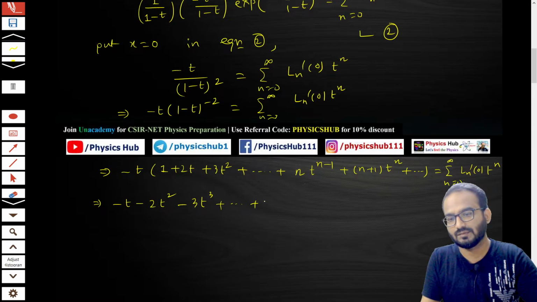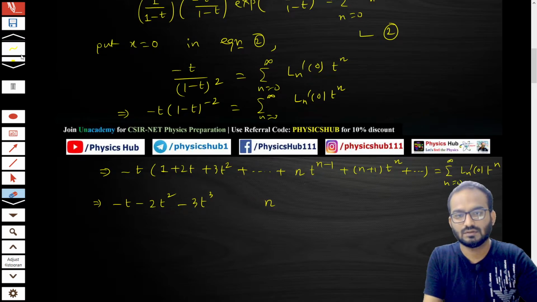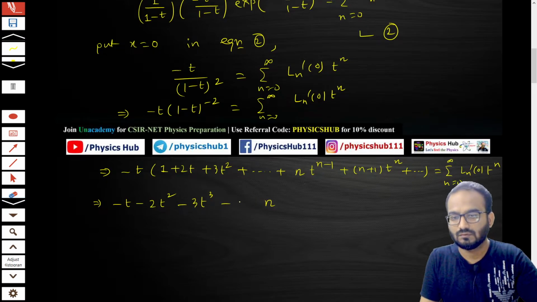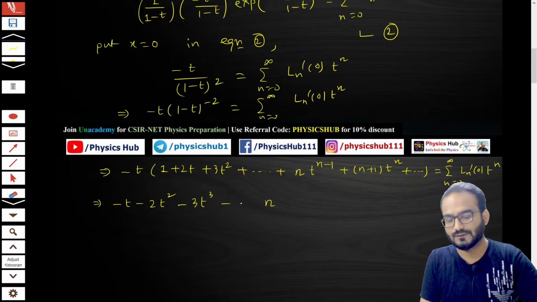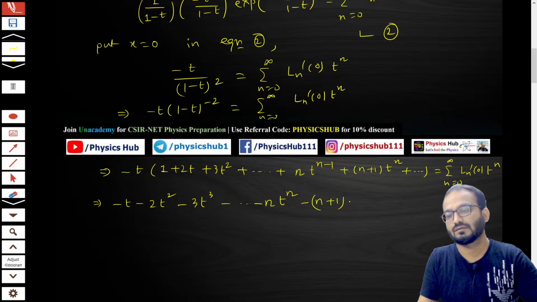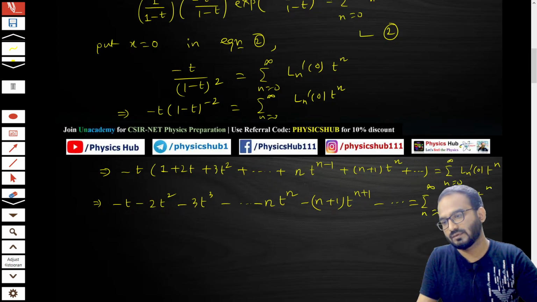These all the terms will be minus, so on, minus n t to the power n, and minus (n plus 1) t to the power n plus 1. That's not important here, although I have written the term for you.